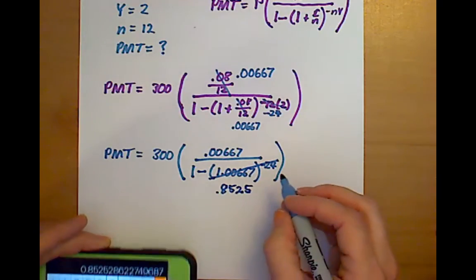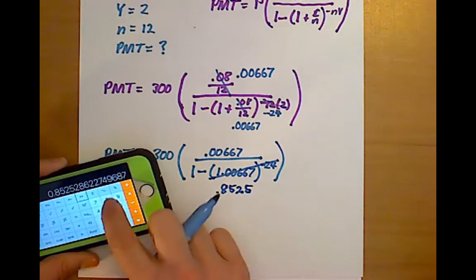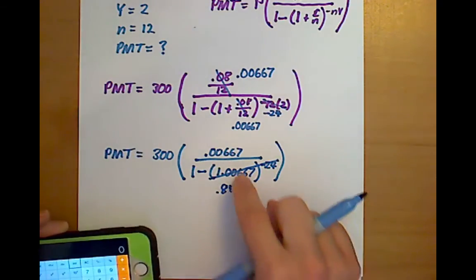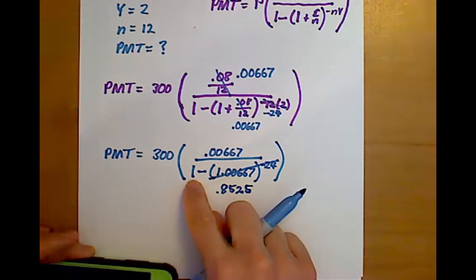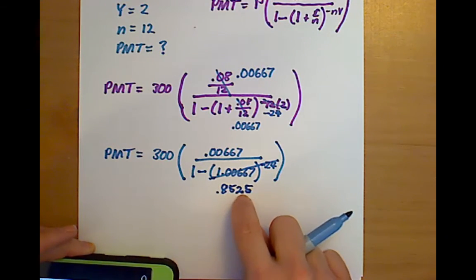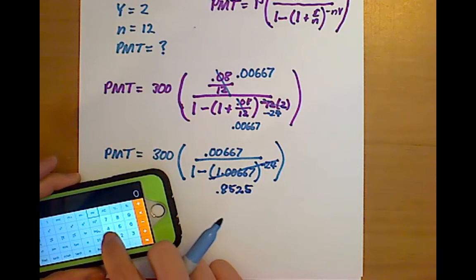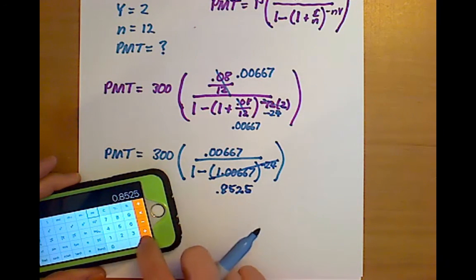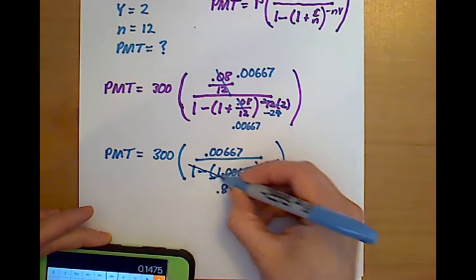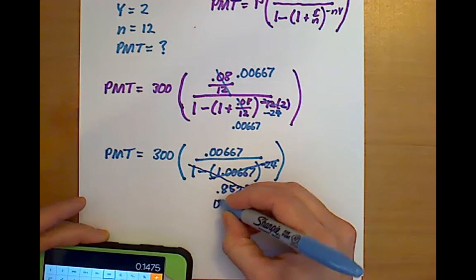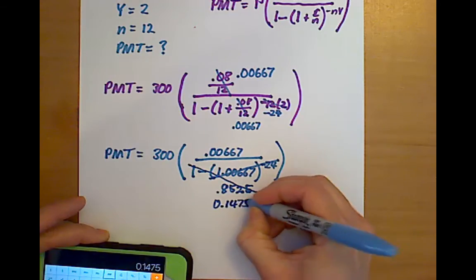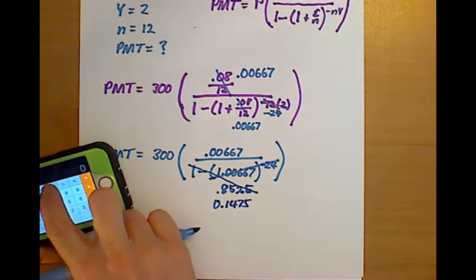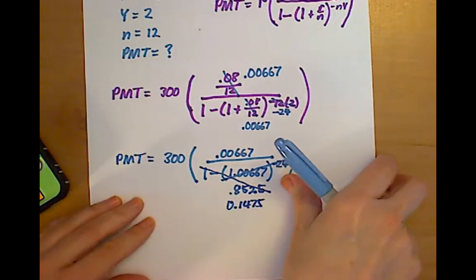Now I'm going to do 1 minus this number right here, 1 minus 0.8525, and that gives me 0.1475. So this whole thing is replaced with 0.1475.